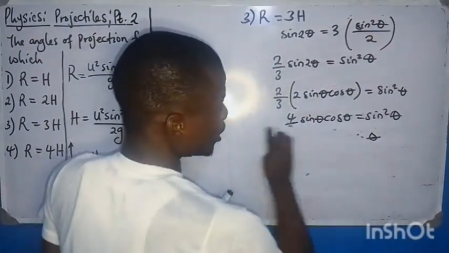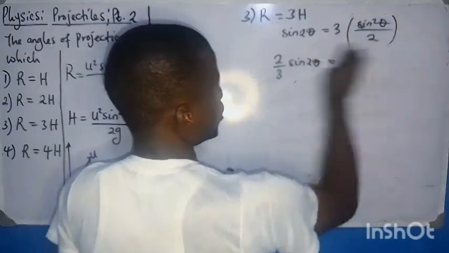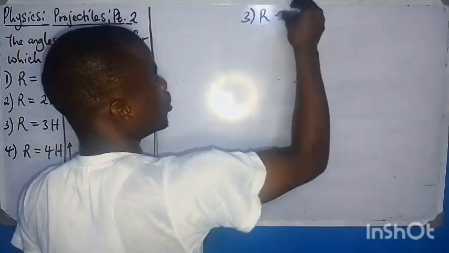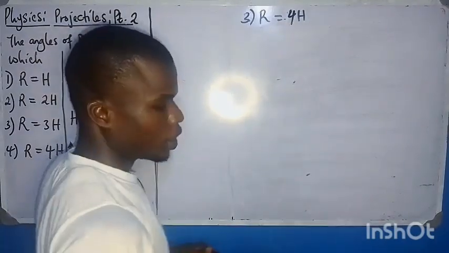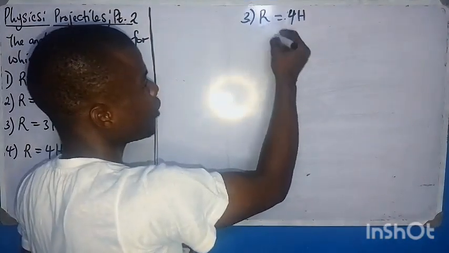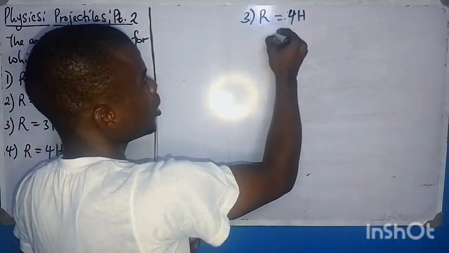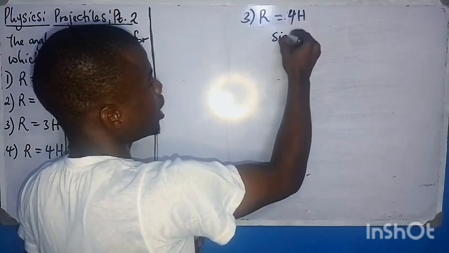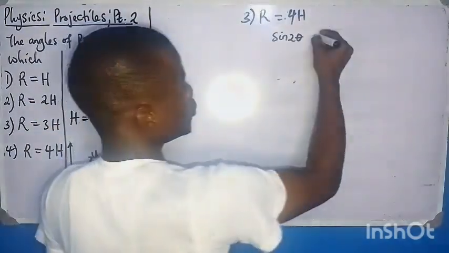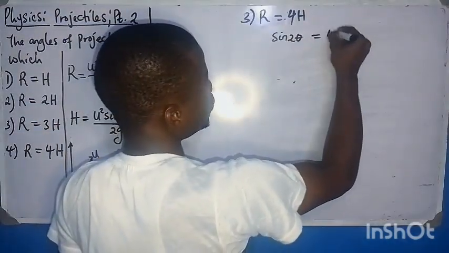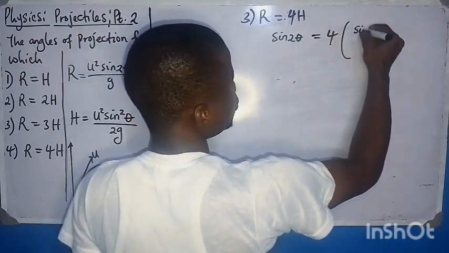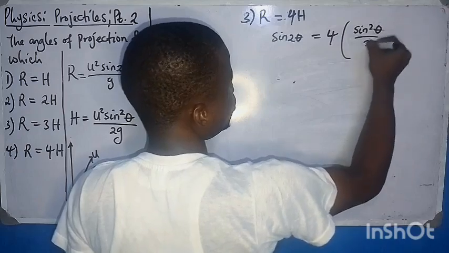Let's go to the last one. When R is equal to 4h. So here, remember, for R we still use sine 2 theta. That's what is left. We have removed u squared over g. So what is left on this other side now is 4 times what is left for h, sine squared theta all over 2.